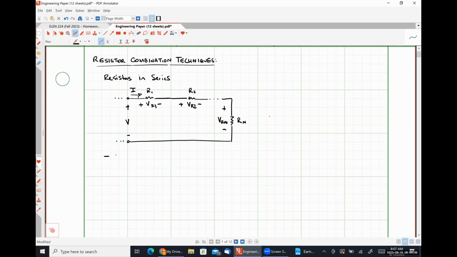So this would look like negative V plus VR1 plus VR2 plus any other voltage drops we see all the way out to our nth resistor is equal to 0. And then I'm simply going to move that individual voltage V to the other side of the equal sign so that voltage V is equal to the sum of the drops over all of the resistors.